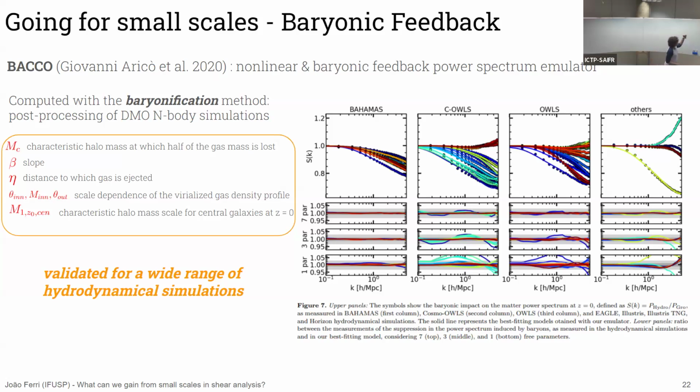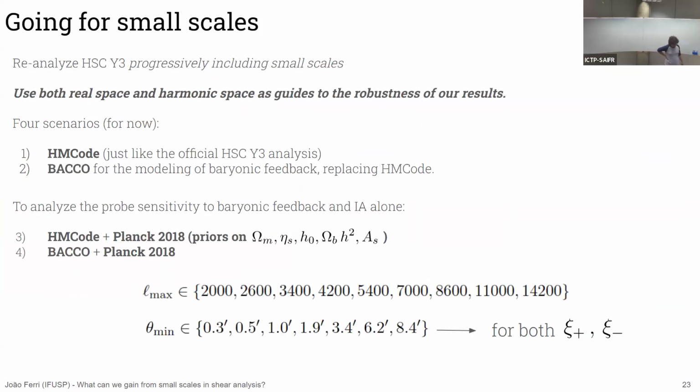It's validated for BAHAMAS, SIMBA, Illustris, EAGLE. So it looks very flexible. So this is what we're going to use.